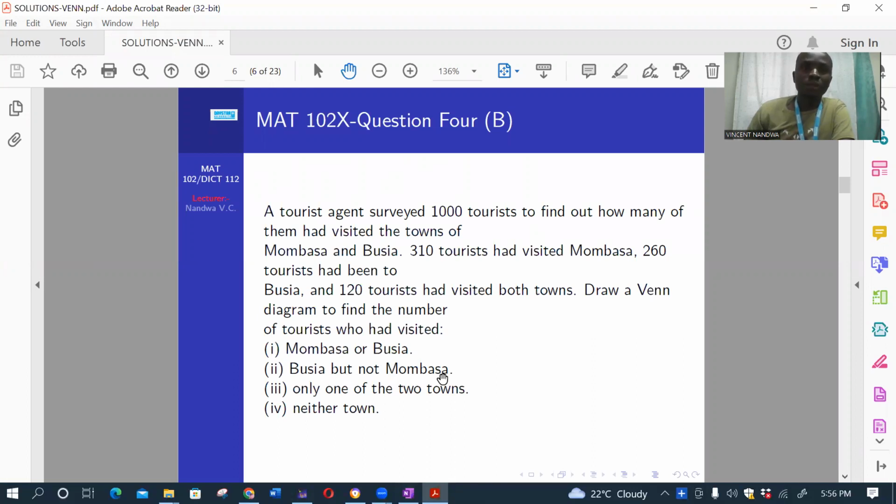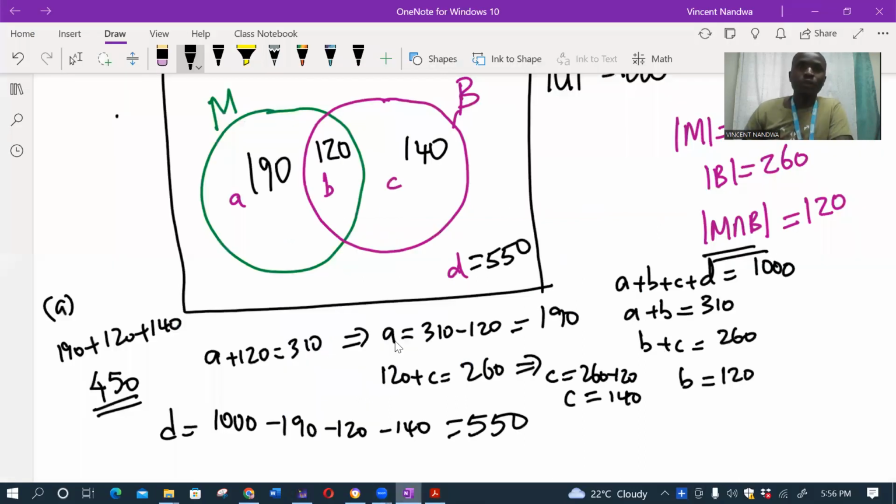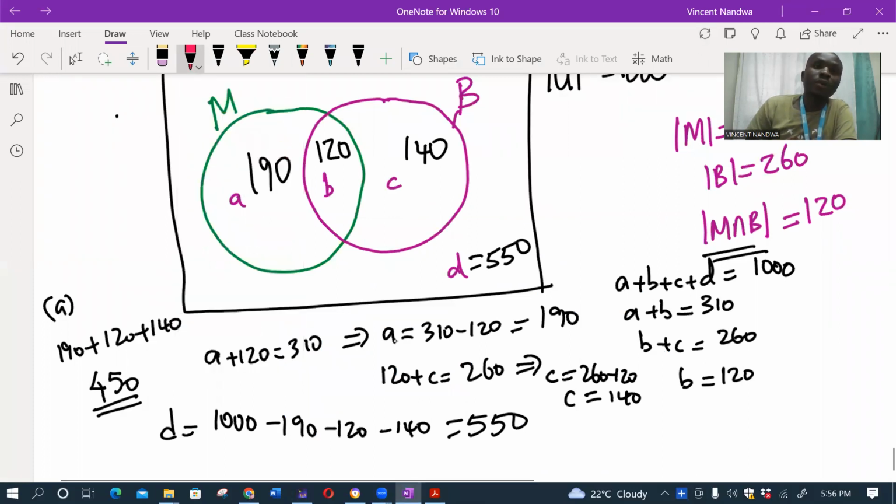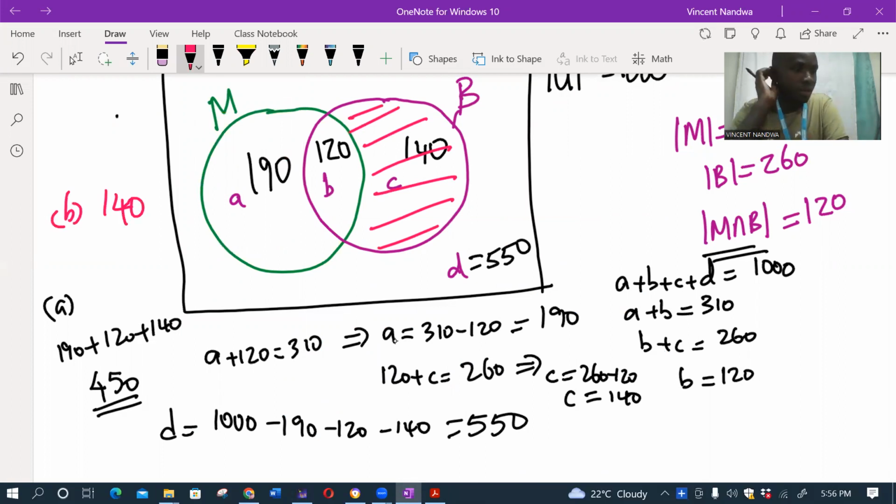Busia but not Mombasa means you are in B, but you can't be counted to be in set M. So B, and to fail to be counted to be in M, this part. So therefore the answer will be 140.